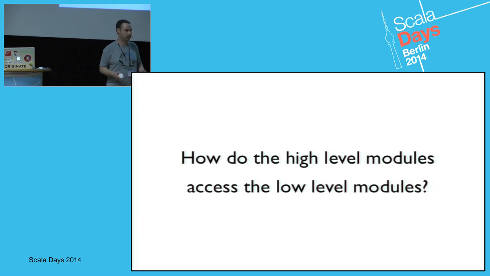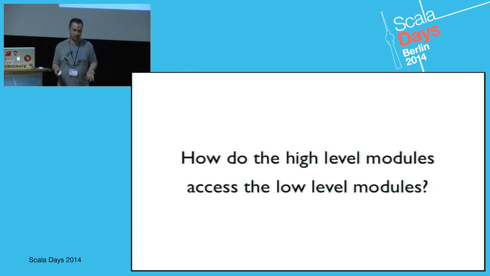Back in, I think, the late 90s, the idea people had for doing this was to have the application live inside a container, and then it would have some sort of knowledge of the container, so it could reach out to the container and say, hey, I have these dependencies, can you give me a concrete implementation? This caused some problems, because now your application is coupled to the container it lives in.